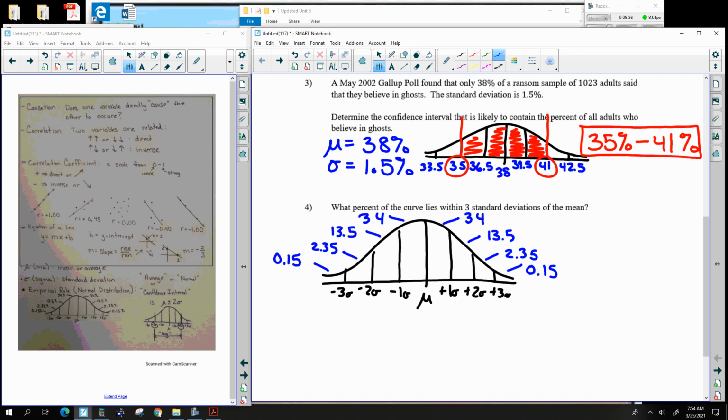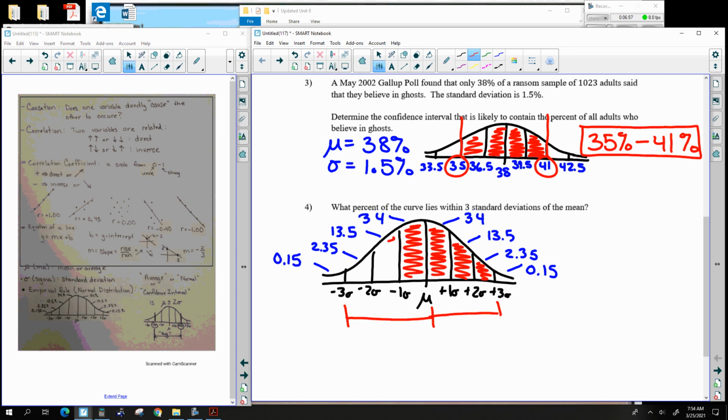All right, so they want to know what percentage lies within 3 standard deviations. Within means 3 up, then 3 down. That's within. So we go 3 up, but we also go 3 down.